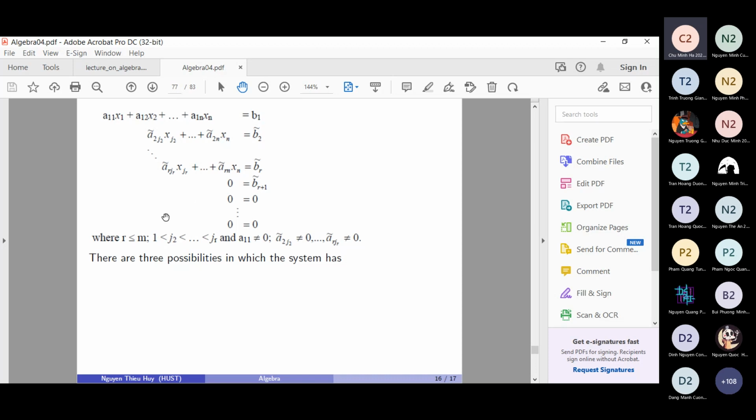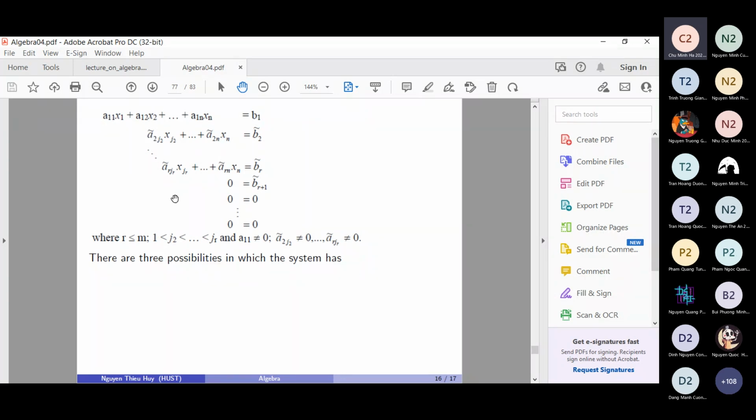Here, of course, r is the number of equations at this stage, less than or equal to m. And this is the leading non-zero coefficient, the leading non-zero entry of the echelon matrix.